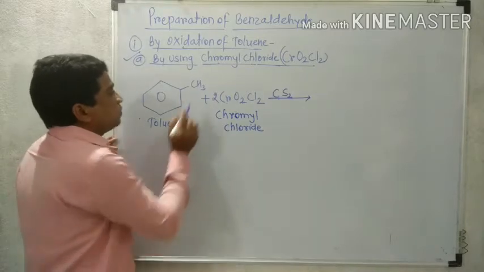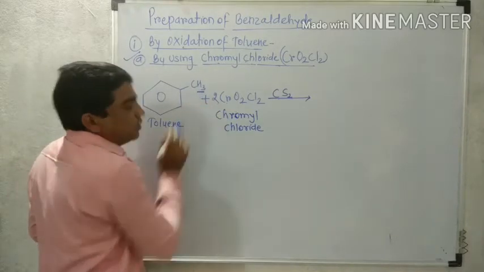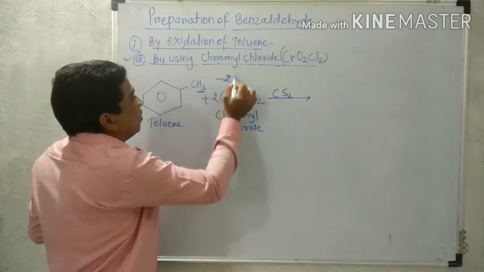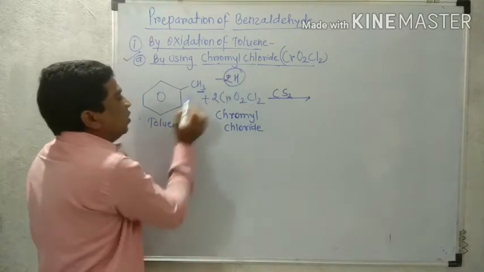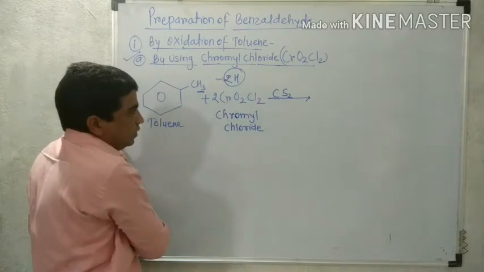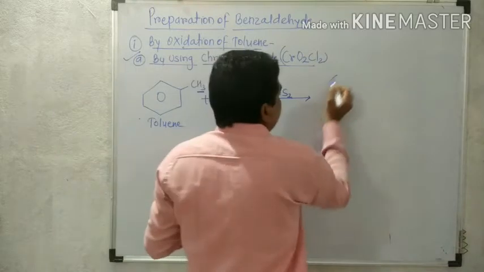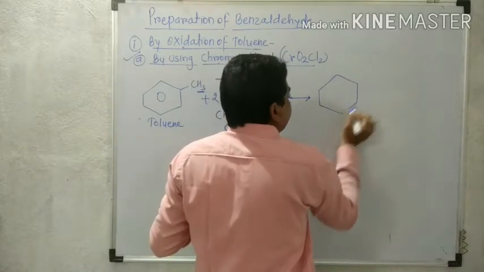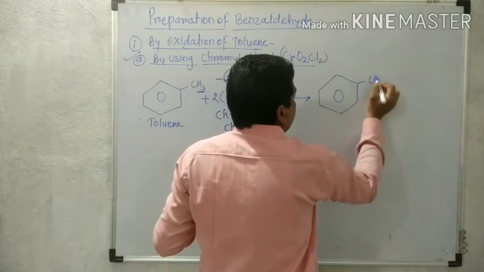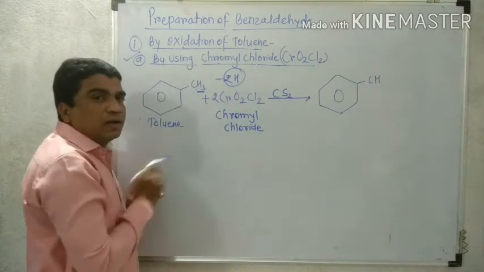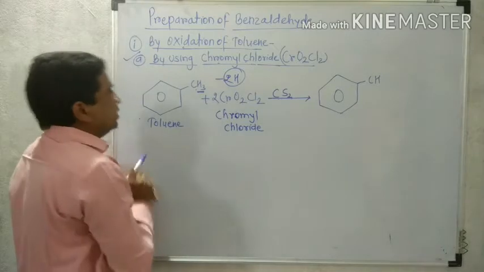First of all, there are three hydrogens. Out of these three hydrogens, we remove two hydrogen atoms from the CH3. After removal of two hydrogens from CH3, only CH remains, because we remove two hydrogens for the balanced reaction.